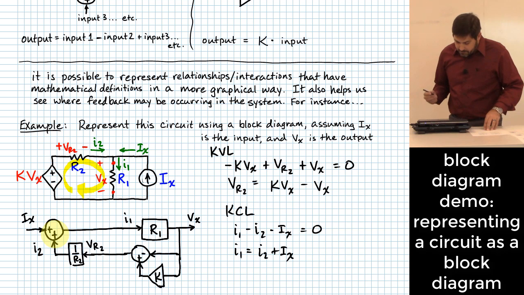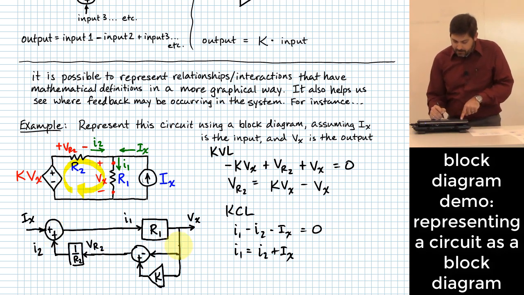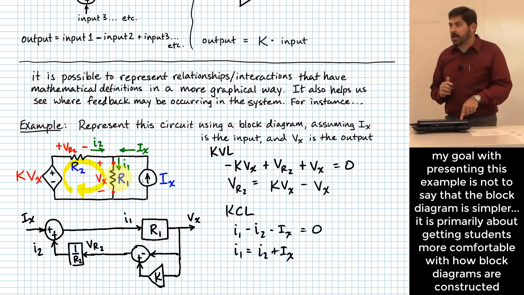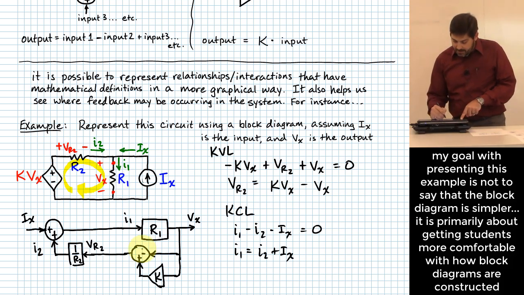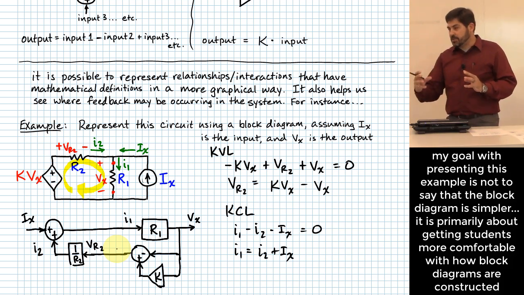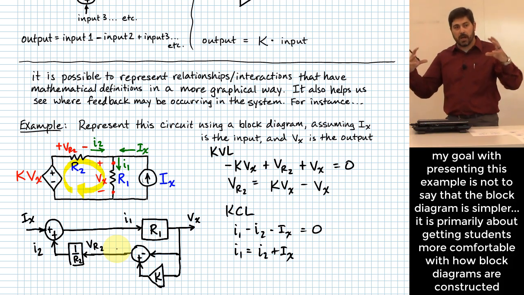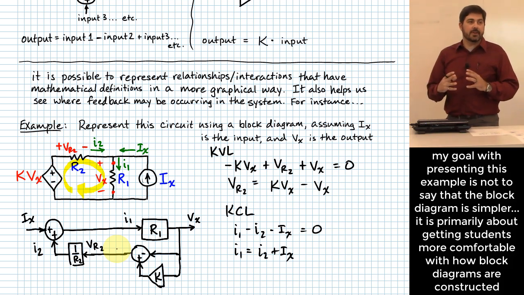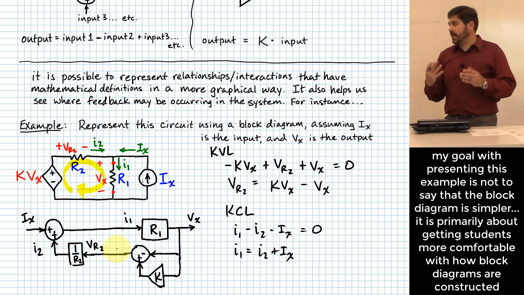Okay. This is a block diagram representation of how that circuit behaves. Isn't that interesting? It might be more complicated, but the thing about this representation is that if you can identify how each of the elements interacts with the other elements, it is often possible to take your block diagram and reduce it down mathematically once you have expressed it, and it's a lot of times not that difficult to do that.